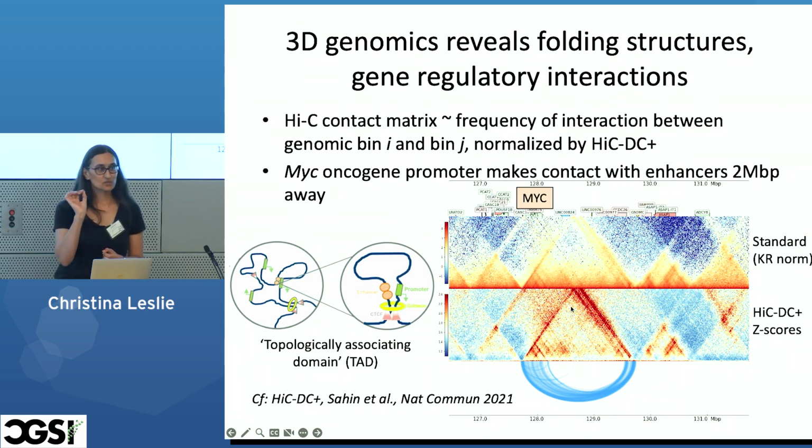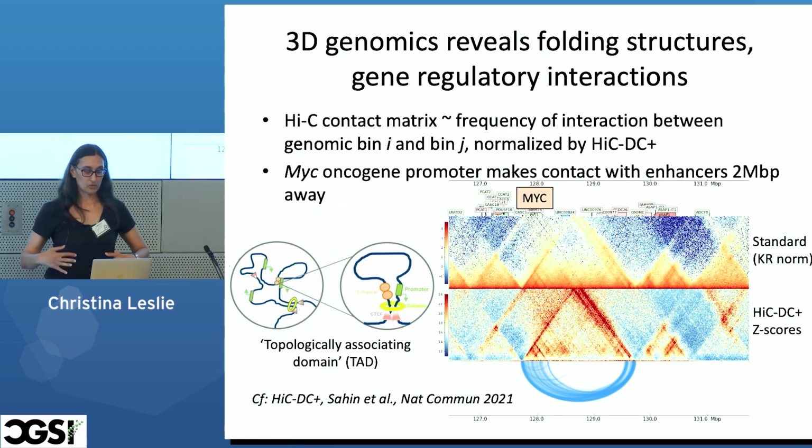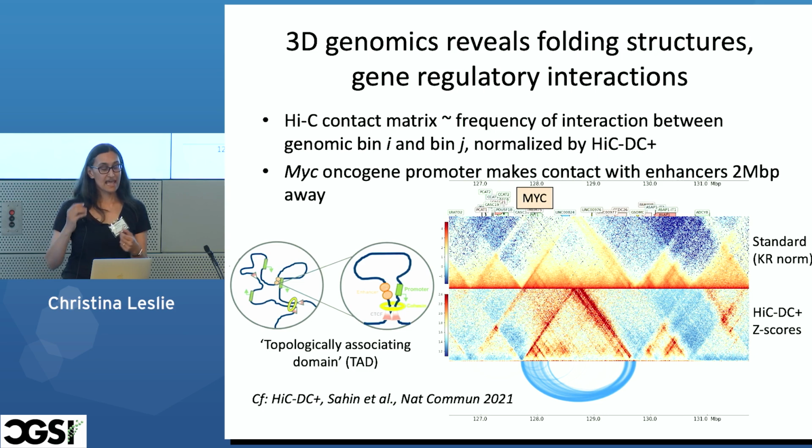We have a statistical procedure where, using negative binomial regression, we estimate a background model. It depends on genomic distance and other systematic sources of variation associated with the bins, and we can estimate a p-value or binomial z-score of how strong that contact is relative to our background model.